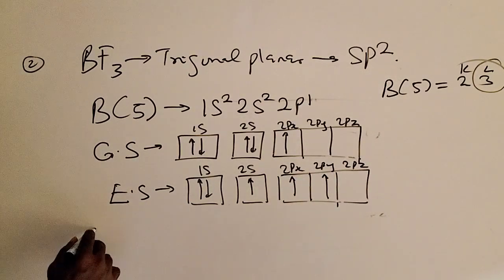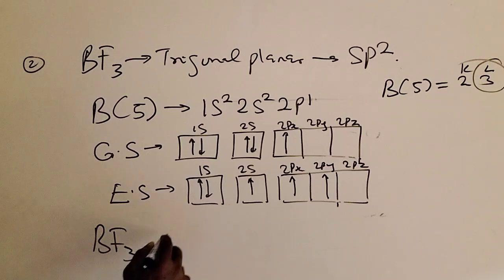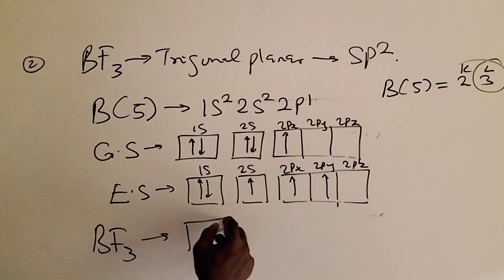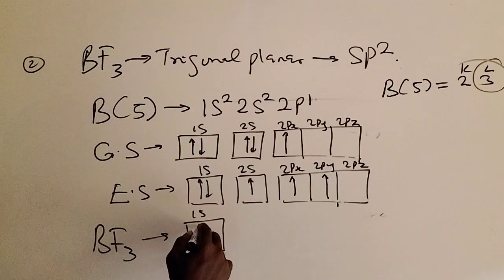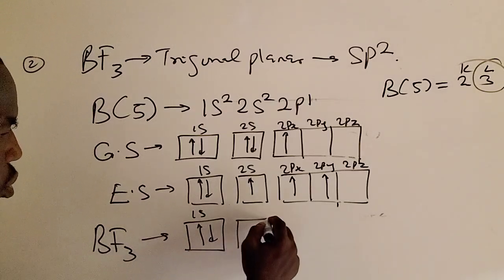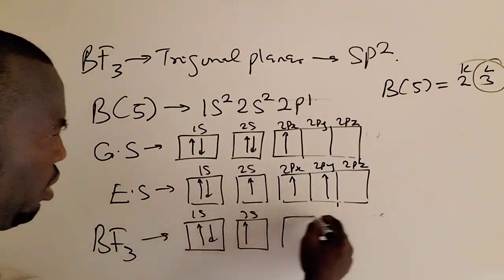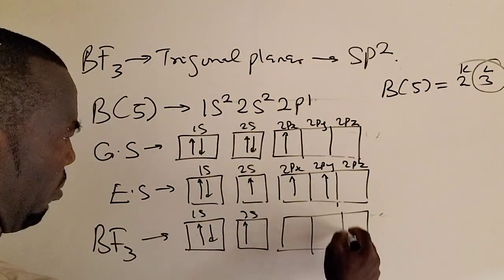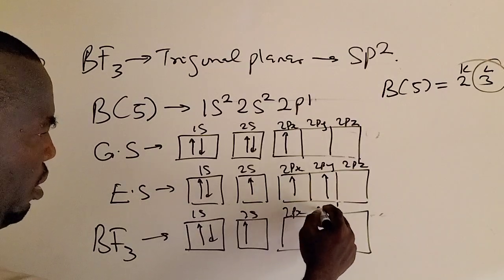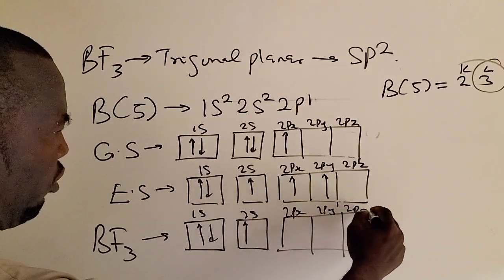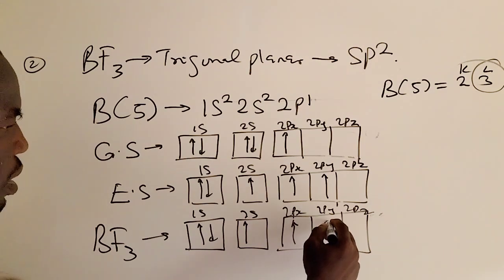Now we have boron trifluoride. How is the hybridization scheme now? So we have 1s, then 2s. Okay, let's just draw the boron first, the starting state, before we talk about the hybridization scheme, or before we bring the electrons from fluorine.